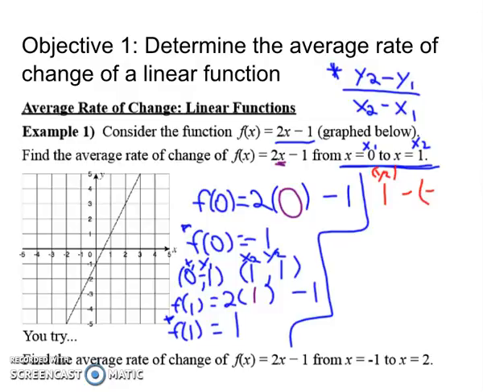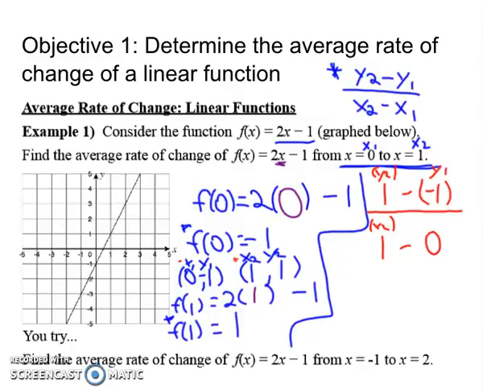Please put negatives in parentheses so you know what you're working with here. And that's y1. And over my x2, which is, I've identified here, 1. And I'll just put x2 in parentheses just so you know what I'm referencing. And then minus my x1, which is right here, is 0.